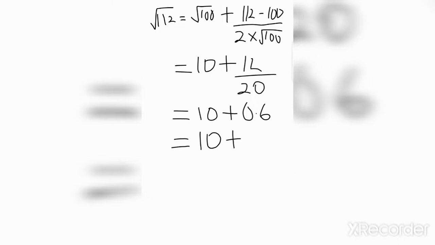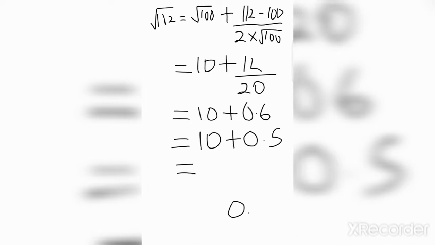Instead of 0.6, you write 0.5. So maybe tomorrow you got 0.8, you don't write 0.8, you write 0.7 instead. If you get 0.9, you just reduce it to 0.8. So that's this one with the 10.5.